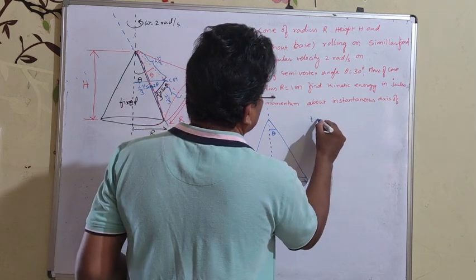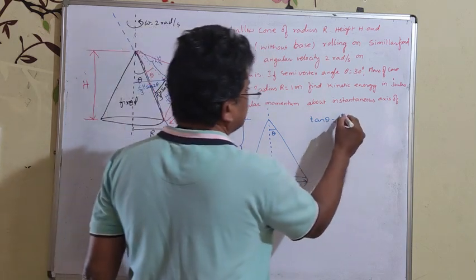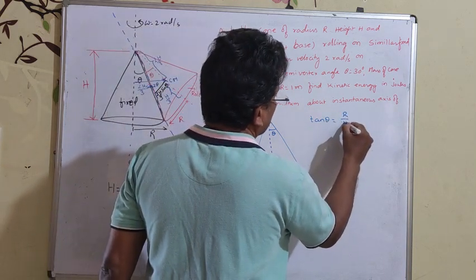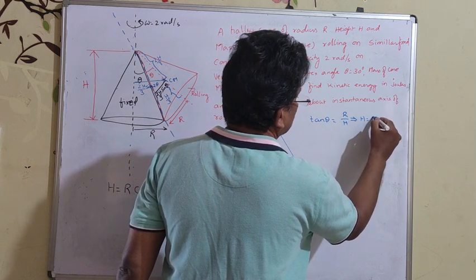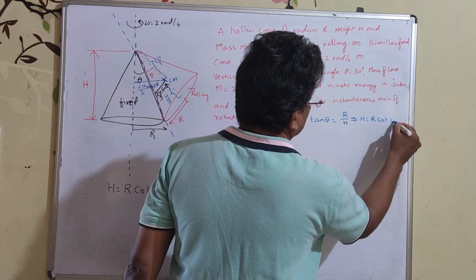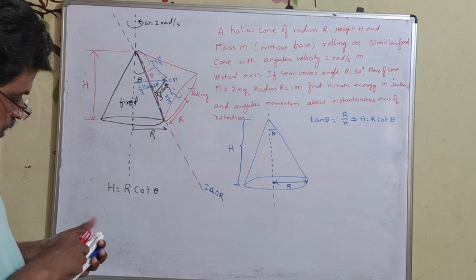Then tan theta is equal to r by h, so r is equal to h tan theta, or h is equal to r cot theta. This is the relation between h and r.